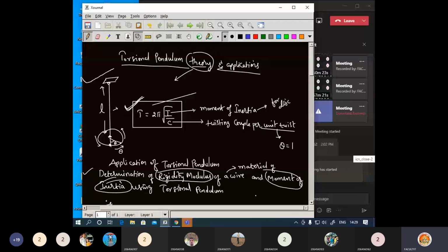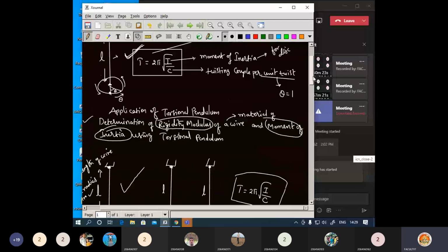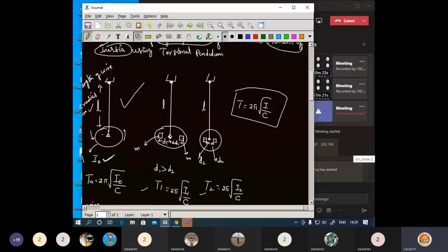What was the concept we explained? In the first diagram we considered the torsional pendulum without any masses added on the disc. In the second and third diagrams, the change is in the distance between the center of the knob and the masses. In the third diagram we are reducing the distance, bringing the masses nearest to the center of the disc or the knob.